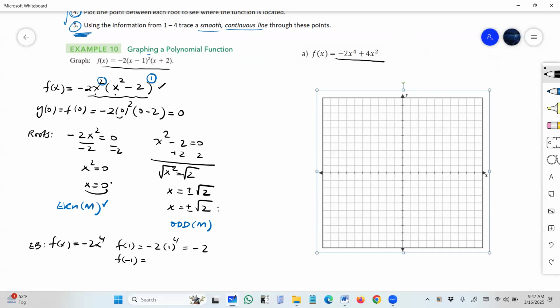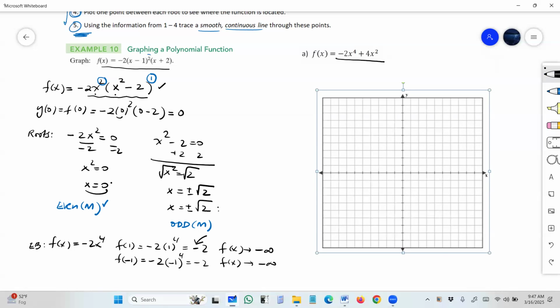This is -2, which means that the function, and remember, we're only concerned about the sign, goes to negative infinity. -1. So -1 to the fourth is also 1. 1 times -2, -2 again. So the polynomial goes also to negative infinity.